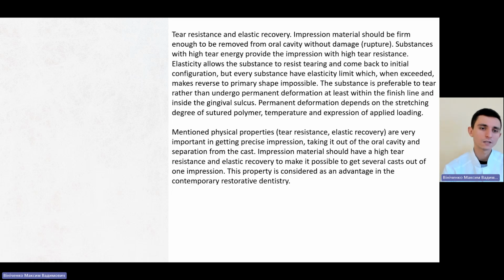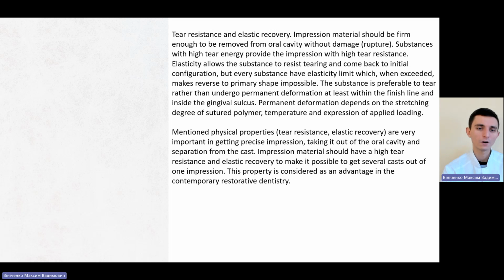Shear resistance and elastic recovery. Impression material should be firm enough to be removed from the oral cavity without damage. Rupture. Substances with high tear energy provide the impression with high tear resistance. Elasticity allows the substance to resist tearing and come back to its initial configuration, but every substance has an elasticity limit which, when exceeded, makes reverting to the primary shape impossible.